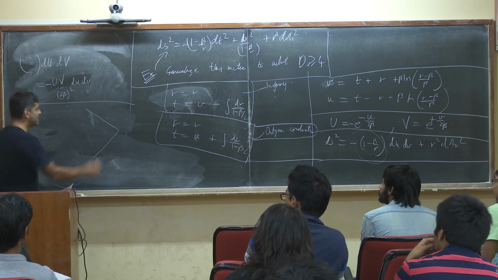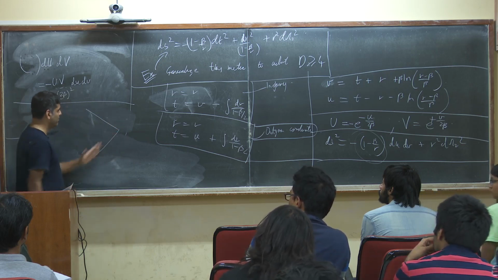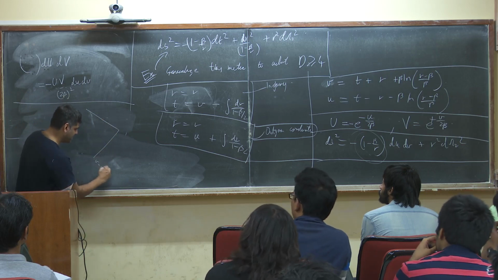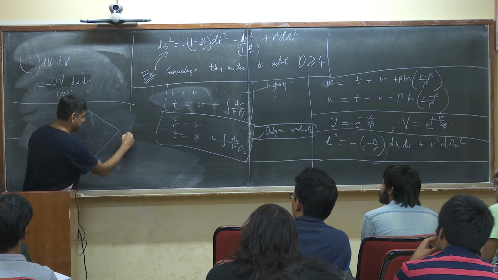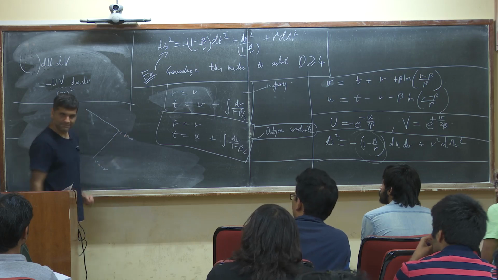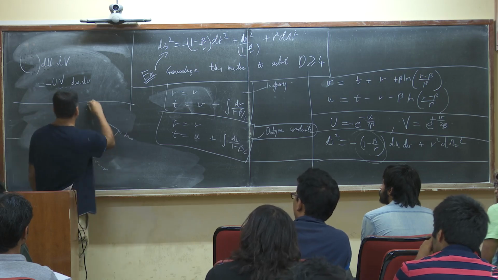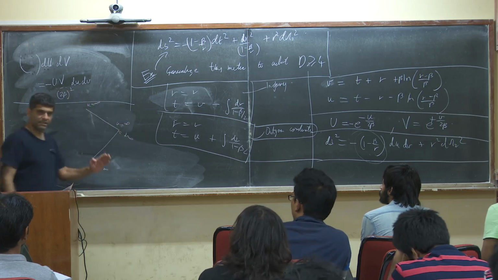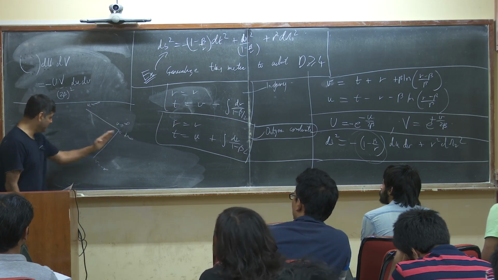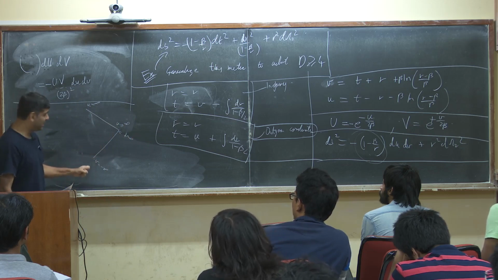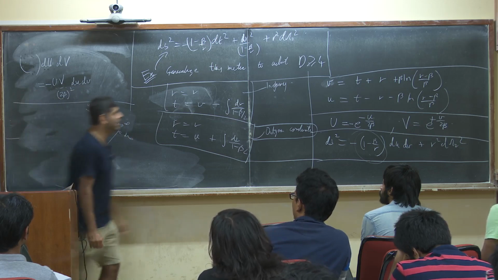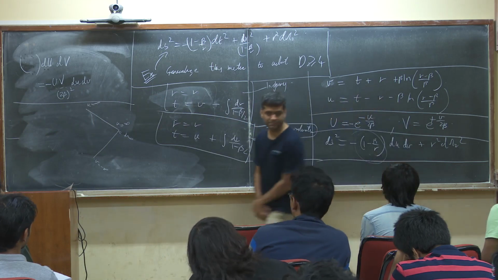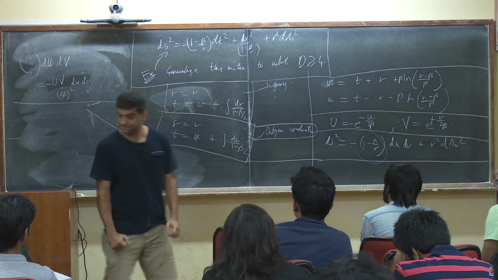When little u and little v run from, so v was the ingoing coordinate, so little v was equal to minus infinity here, and little v was equal to plus infinity here. Here u was equal to infinity and u was equal to minus infinity. When little u and little v ran from, let's take little v for concreteness, when little v runs from minus infinity to infinity, capital V runs from what to what? 0 to infinity.